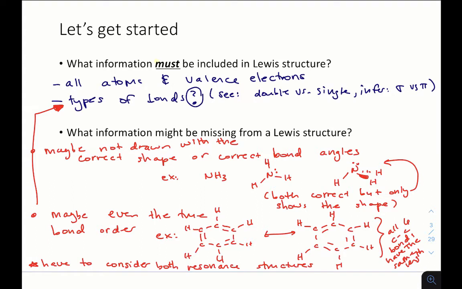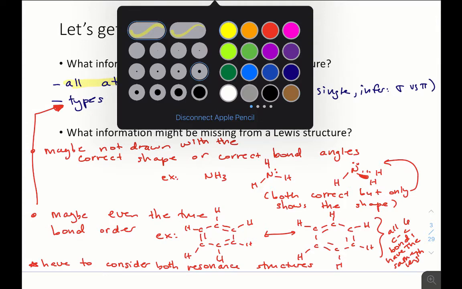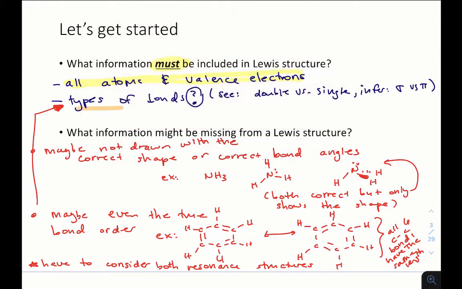So really the only information that must be included in a Lewis structure are the atoms and the valence electrons. And then if we want to consider the types of bonds, are they double, are they single? What is the shape? What are the bond angles of the molecule?